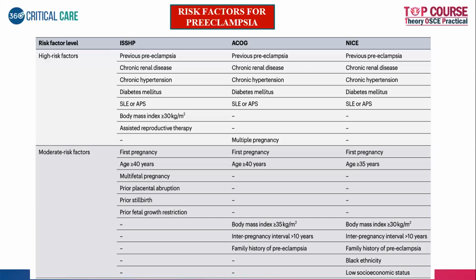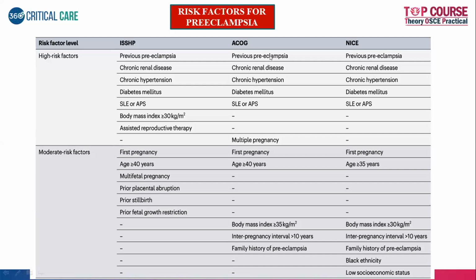Now coming to the risk factors. Who are the people who may develop preeclampsia? You have high risk factors and moderate risk factors. A lot of guidelines mention different risk factors, so remember one guideline, the ACOG guidelines, the most common. What are the high risk factors?